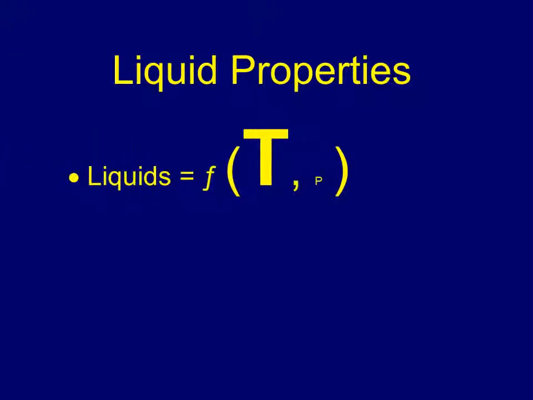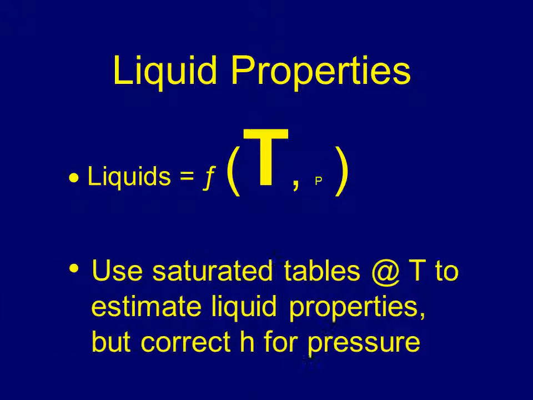Okay, let's talk about liquid properties. Again, recapping what we did. We said that liquid properties were a function primarily of temperature and only a small function of pressure. So we can use the saturated tables to estimate the liquid properties, but we will correct H for the pressure.